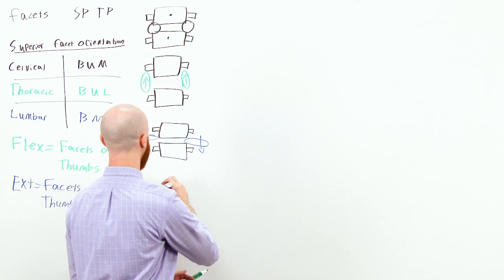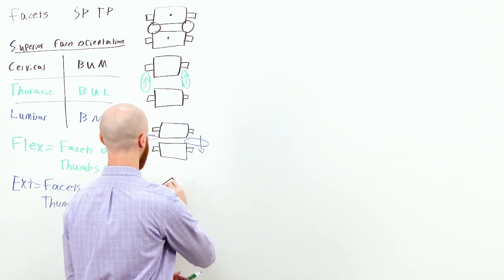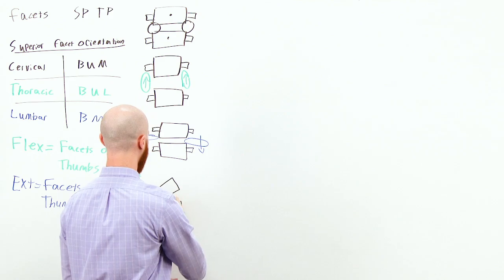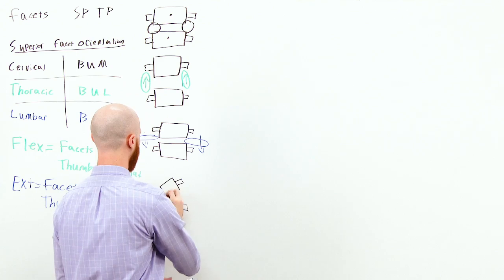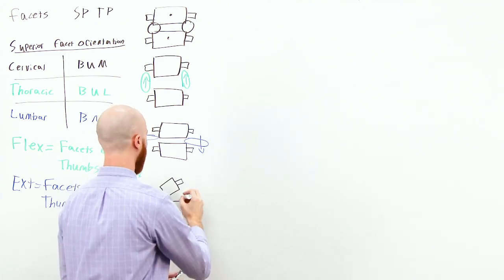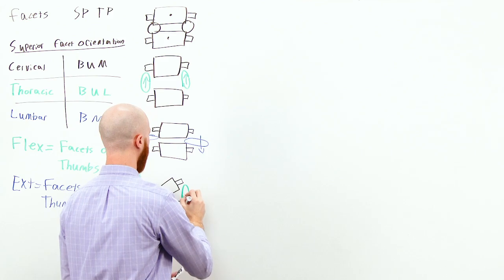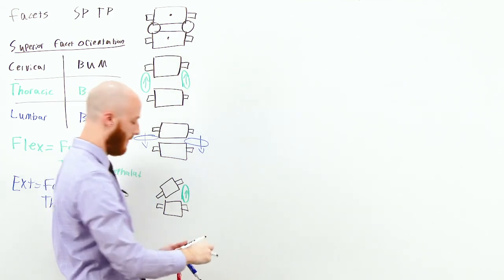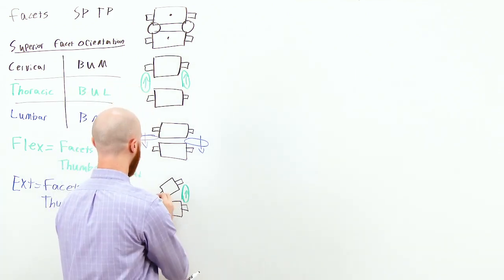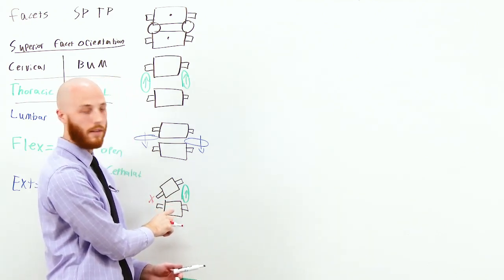So if I'm going to draw this as a picture, let's say that we ask the patient to flex forward. On the right side, the facet opens normally and my thumb goes upward towards the head. But on the left side, my thumbs stay exactly the same. They stay where they were.